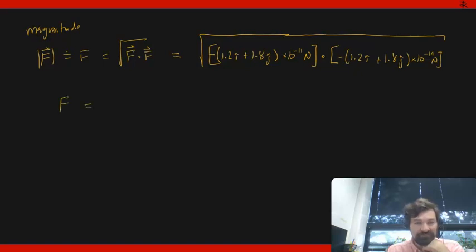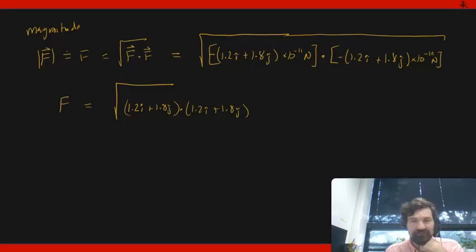And so F ends up just being the square root of, and also the negatives sort of cancel, so you just have 1.2 i hat plus 1.8 j hat dotted with 1.2 i hat plus 1.8 j hat. And then that is all times 10 to the minus 11 newtons, which is not under the square root.